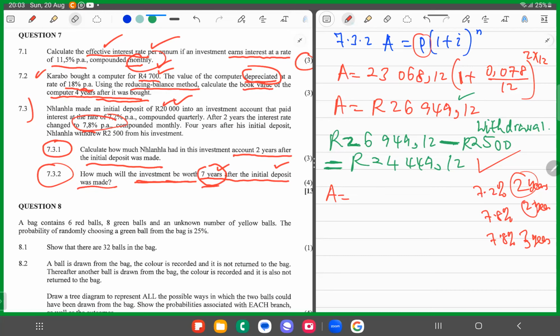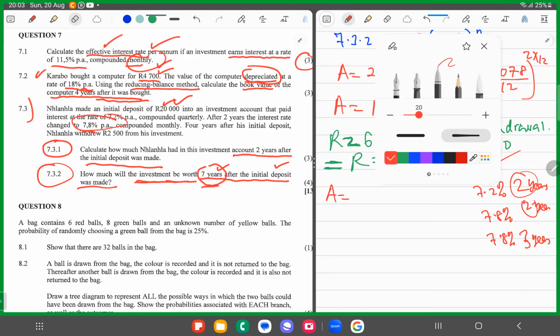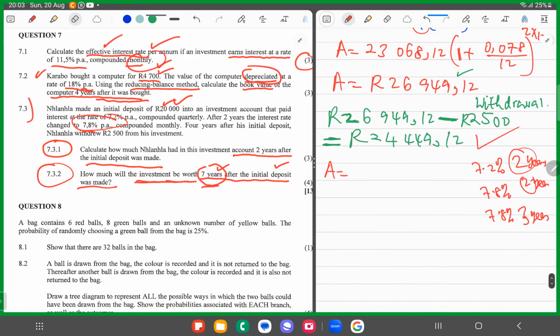So we continue. So now you therefore have this is P into (1 plus i) to the power n. So now this amount after the withdrawal, after Nhlanhla withdrew 2,500, he was left with 24,449 and 12 cents.